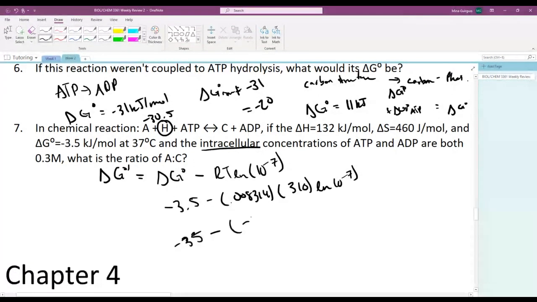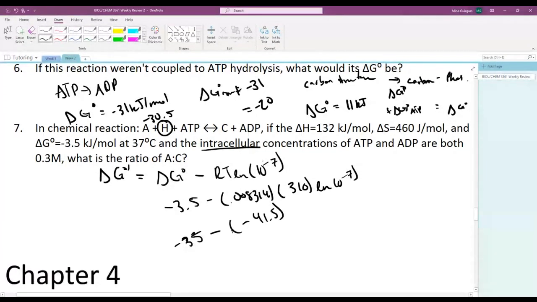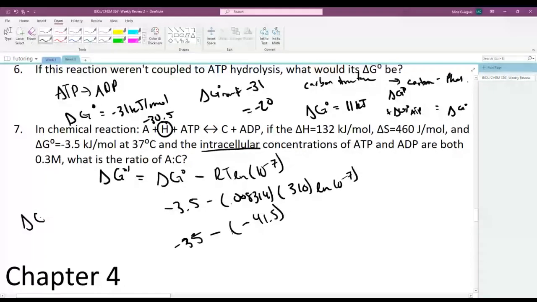Minus negative 41.5, so that's really plus 41.5. So the answer ends up being about 38 kilojoules per mole. So delta G naught prime equals 38 kilojoules per mole.